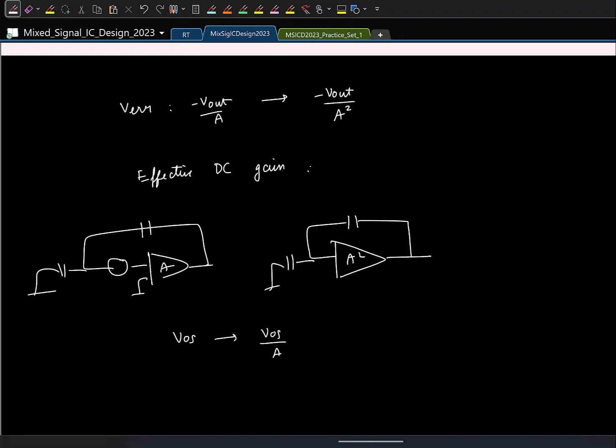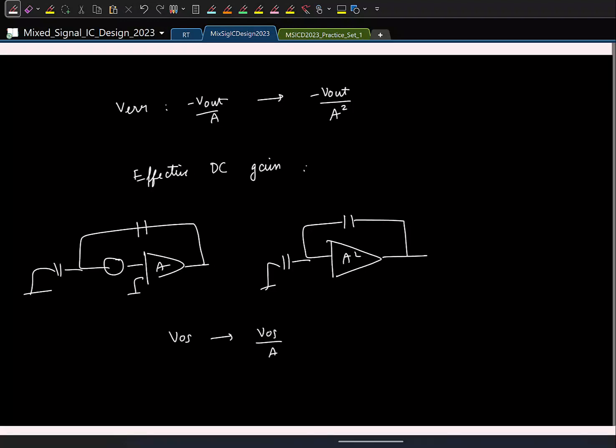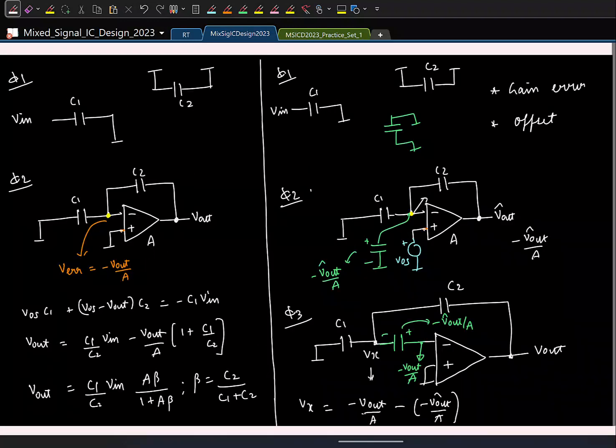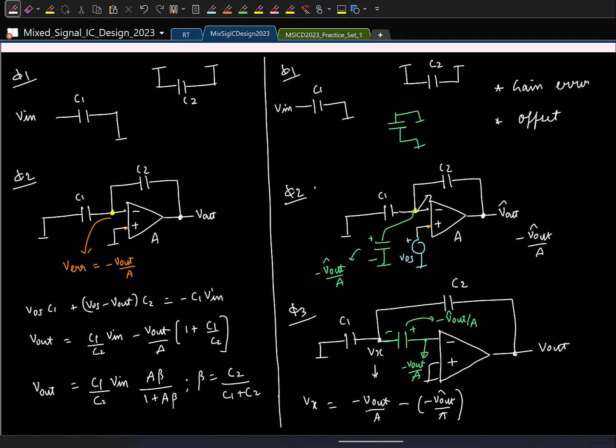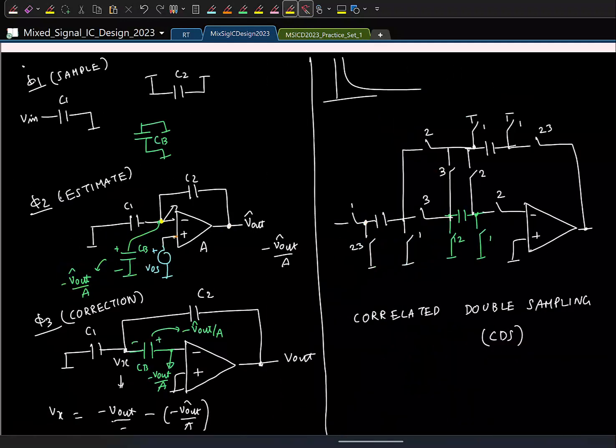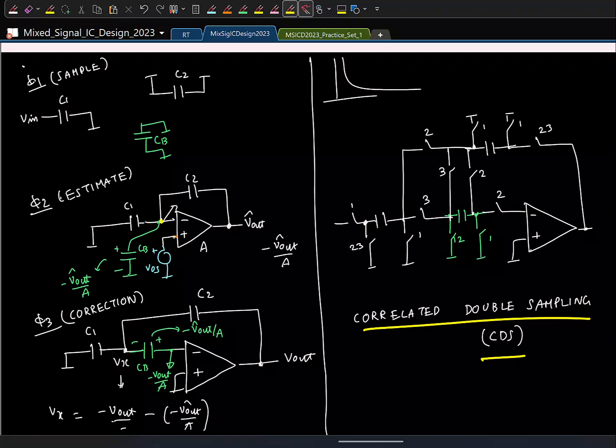But the advantage is, in the earlier case, double sampling, we added an additional capacitor and switches, right? And remember that the moment I add any switch and a resistor, the resistor models the on resistance of the switch.